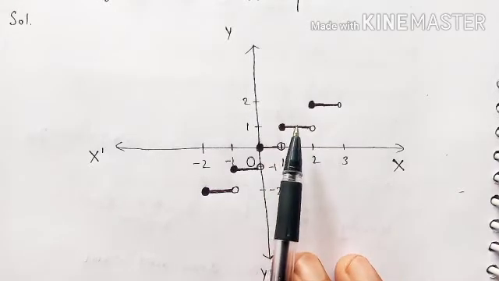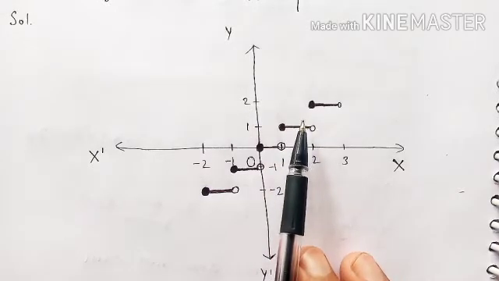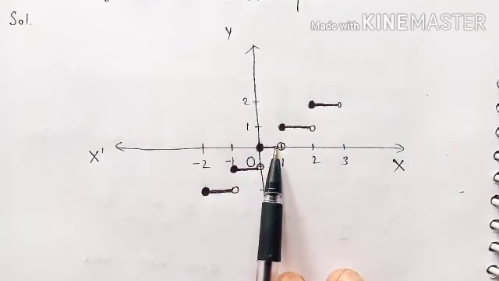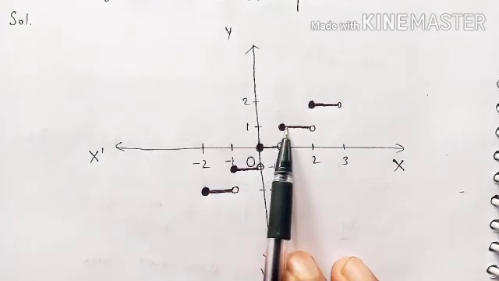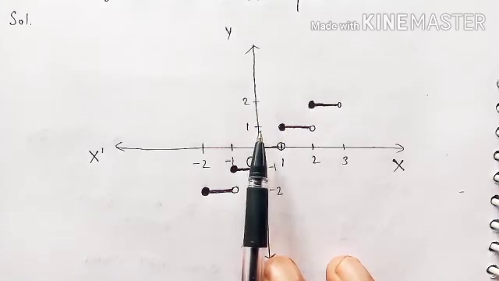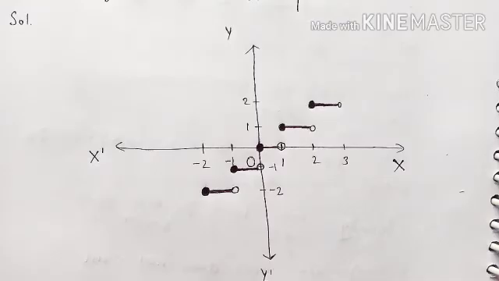We can take another example also. If we take c as 1, then to the left of 1 we have greatest integer 0, and to the right of 1 we have greatest integer 1. So here the left hand limit and right hand limit vary.